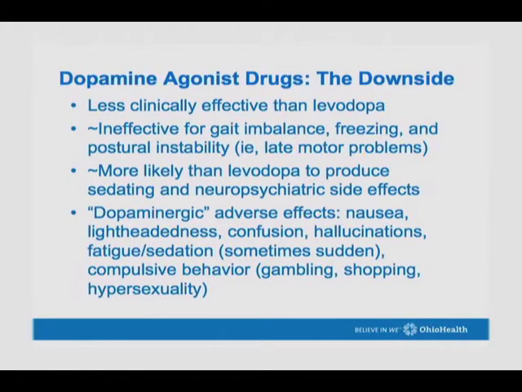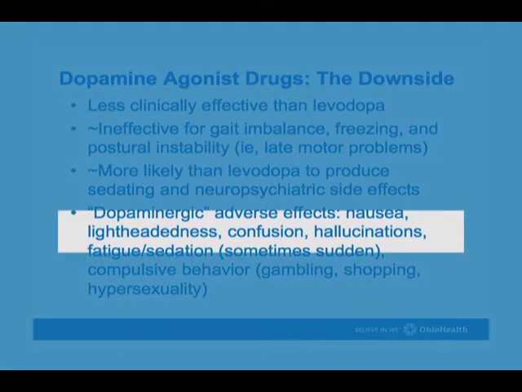So just pushing the drug doesn't always get you where you want to go. And importantly, these dopamine agonist drugs are more likely on average than levodopa to make people tired, to cause hallucinations, to cause delusional thinking, so we really have to be careful with them.